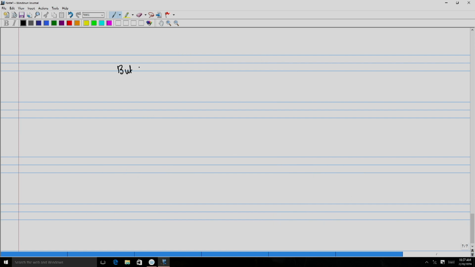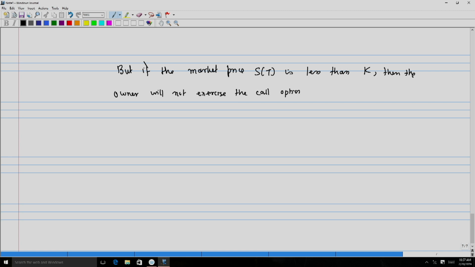But if the market price S of T is less than K, then the owner will not exercise the call option.